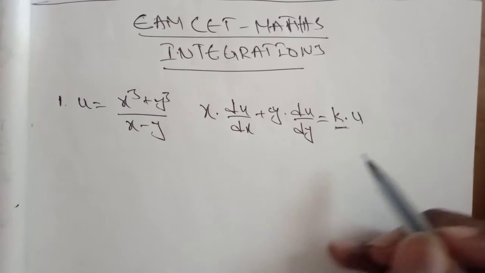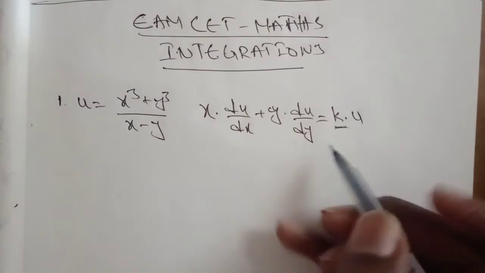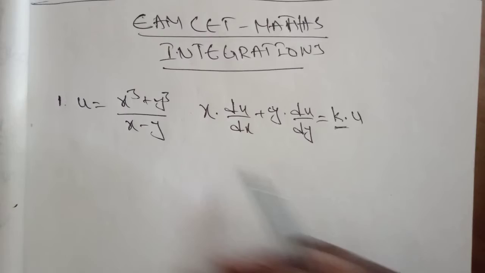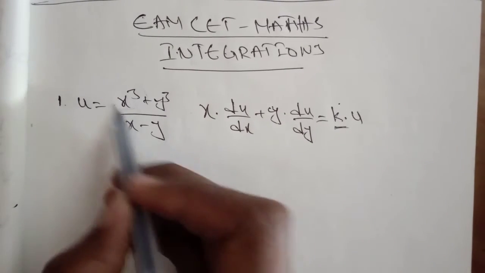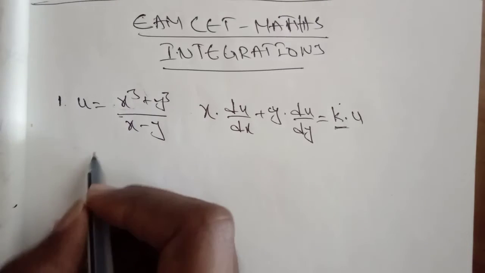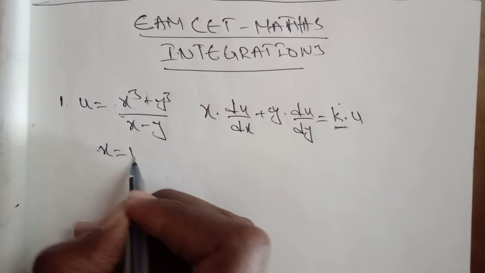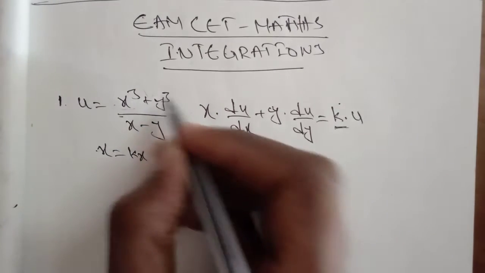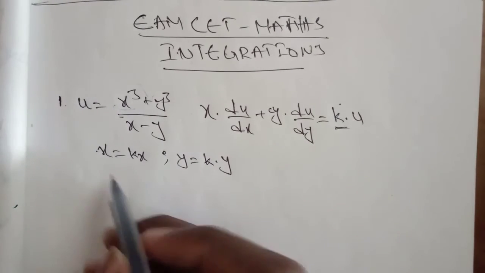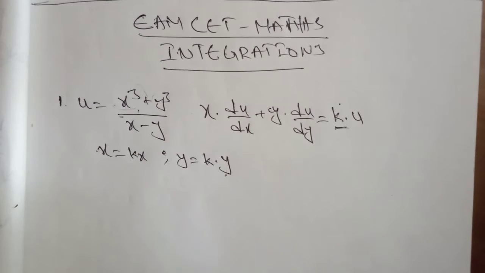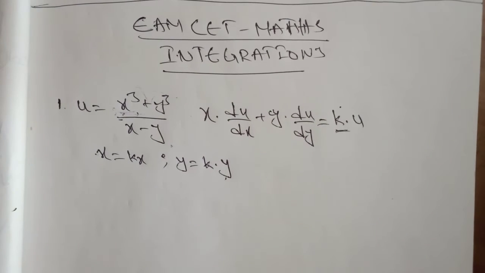In order to find the value of k, we have to substitute k into x in place of x, and k into y in place of y. As you substitute, it will become messy.